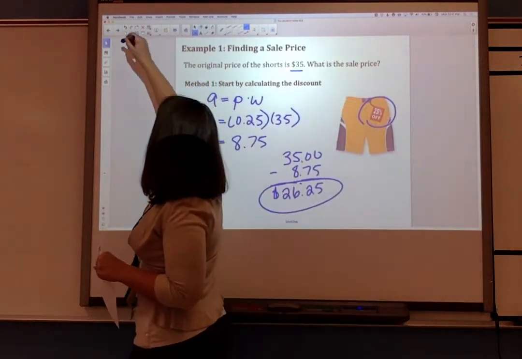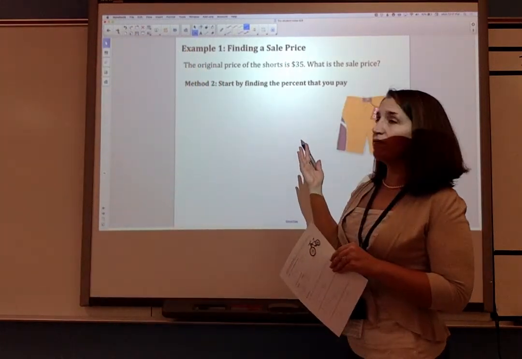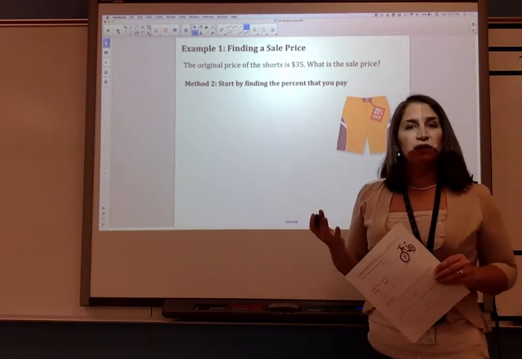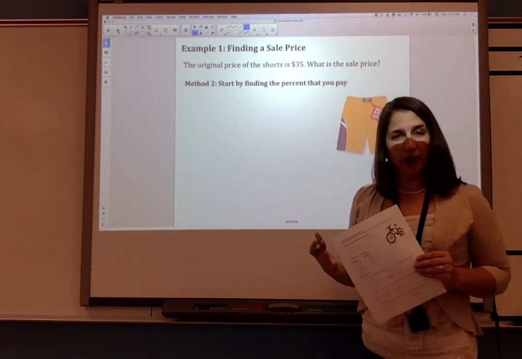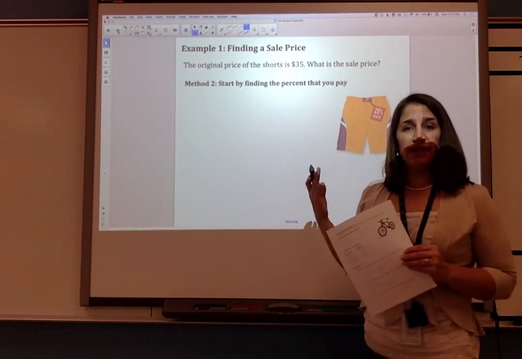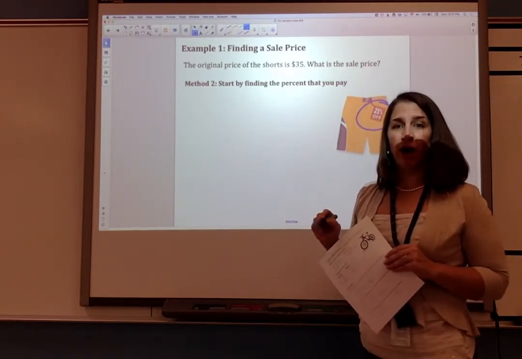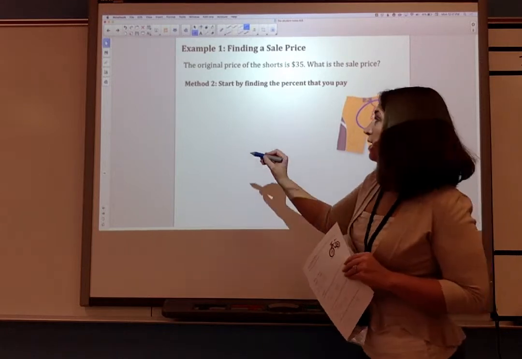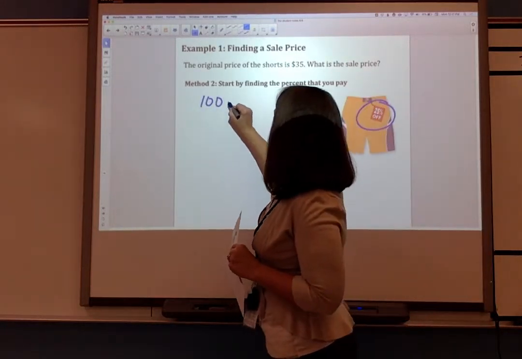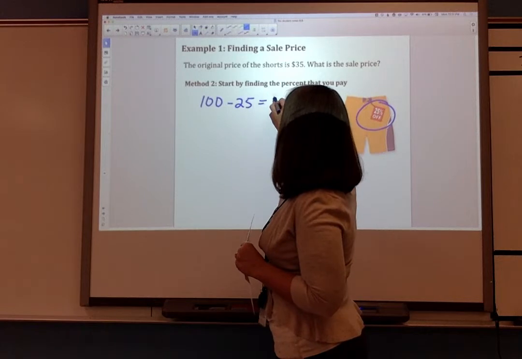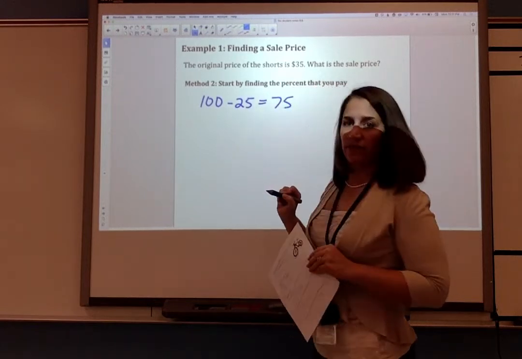Now, method 2, we're going to solve this same problem by thinking about the subtraction part first. And that's to say, if the shorts are 25% off, then the percent you pay would be 100 minus 25, which is 75.